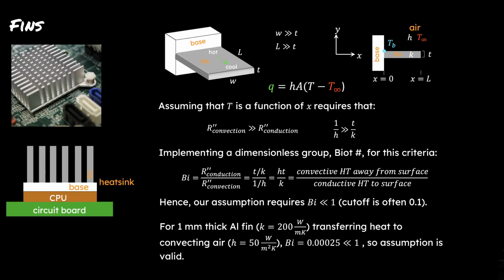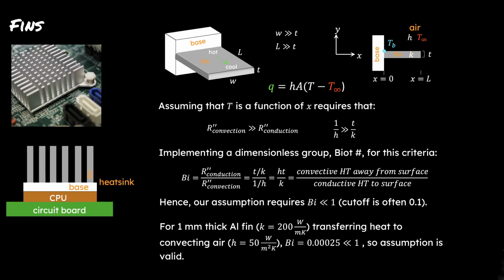Consider an aluminum fin, which is a millimeter thick, and that fin is transferring heat to convecting air around it. If we plug in the corresponding values of k and h in this dimension of 1 millimeter, we'll find a Biot number which is much, much less than 1.